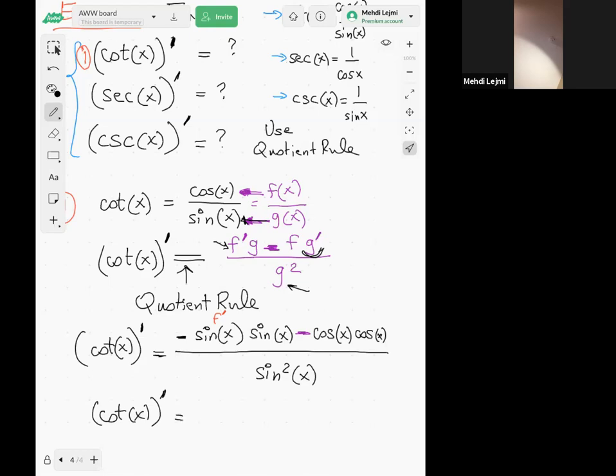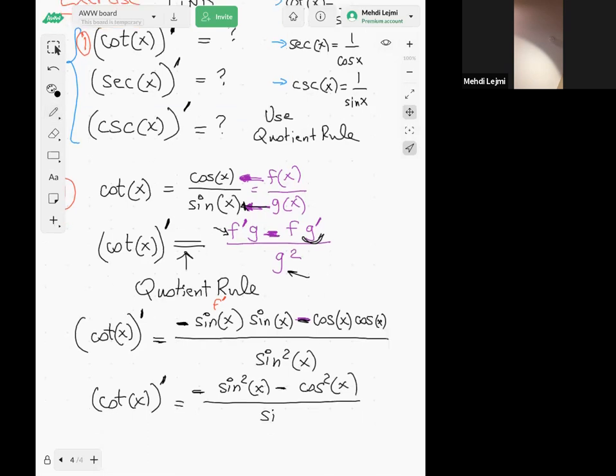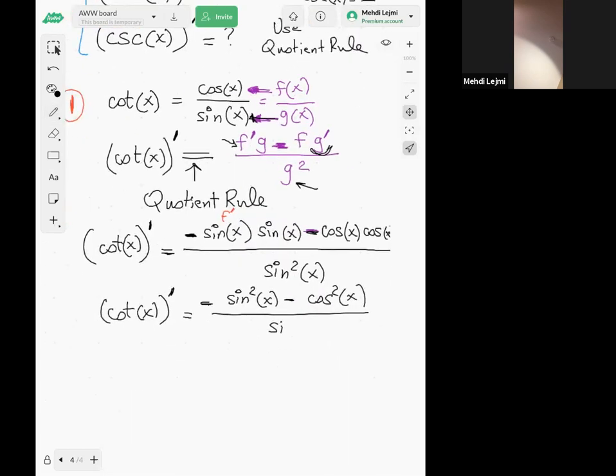So there's this minus sine times sine, it's minus sine square. There's this minus here, so it's minus cosine times cosine, it's cosine square, over sine square of x. Right now, it's minus sine square minus cosine square, guys.